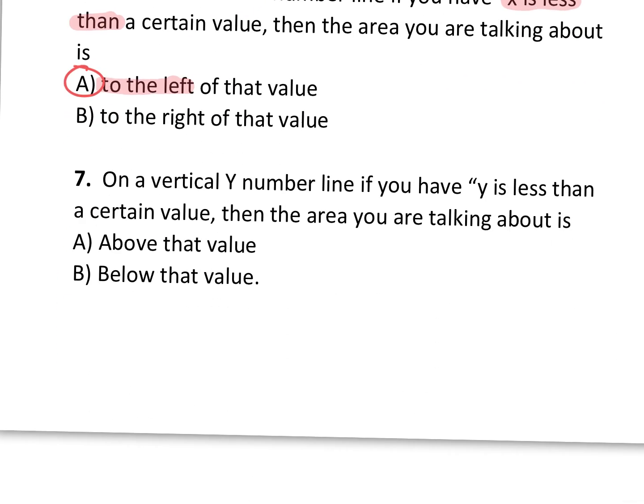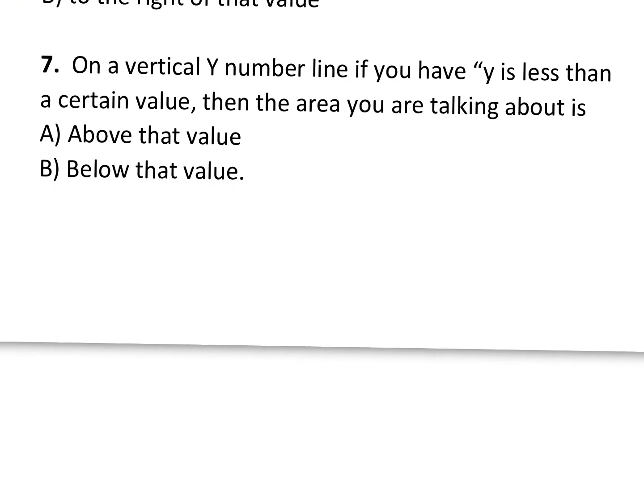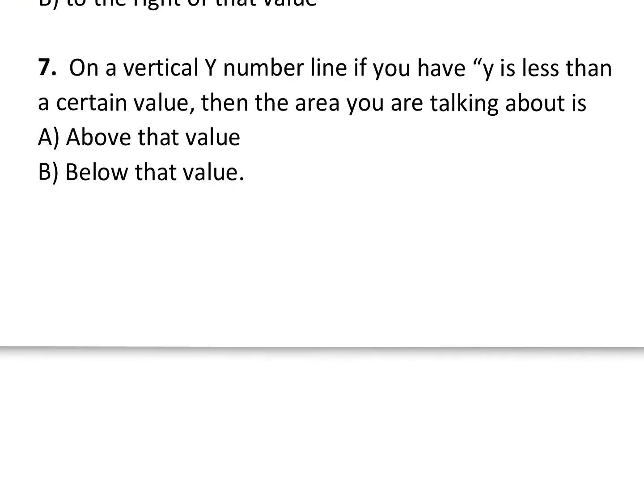Let's take that a step further, but apply it to the vertical number line, the y-axis, the y number line, okay? On a vertical y number line, if you have y is less than a certain value, then the area you're talking about is above that y value or below that y value. What do you think? We haven't really dealt with that, but it's pretty simple if you think about it.